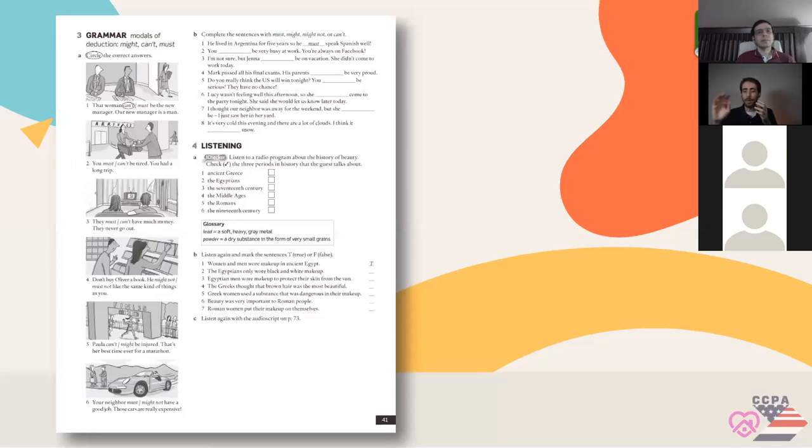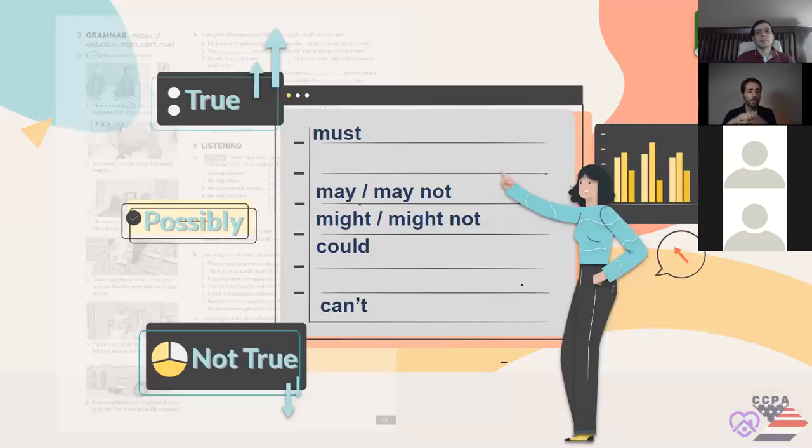While you get there, let's remember what we were covering in this unit. The vocabulary was all about body parts and actions with these different body parts. And then in our grammar, we had our expressions for deduction, right? When we were pretty sure something was true, we would use must.